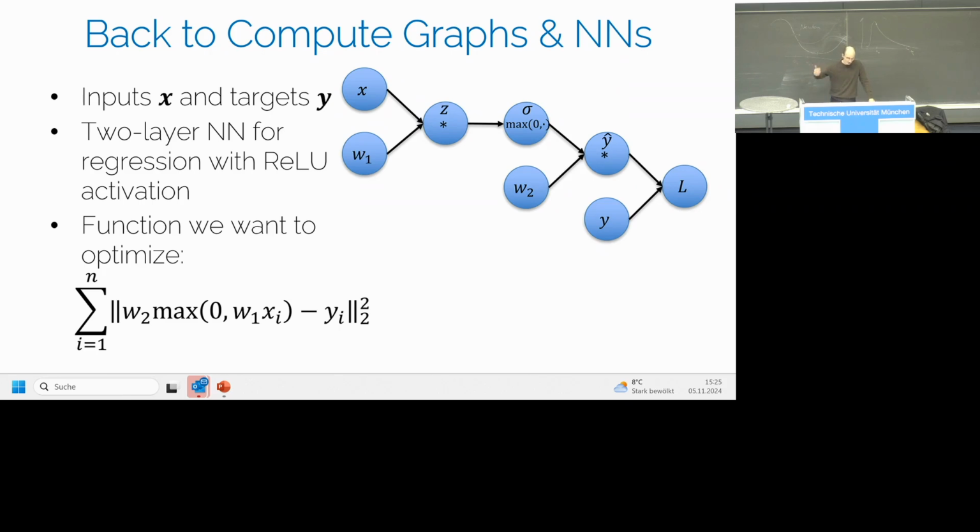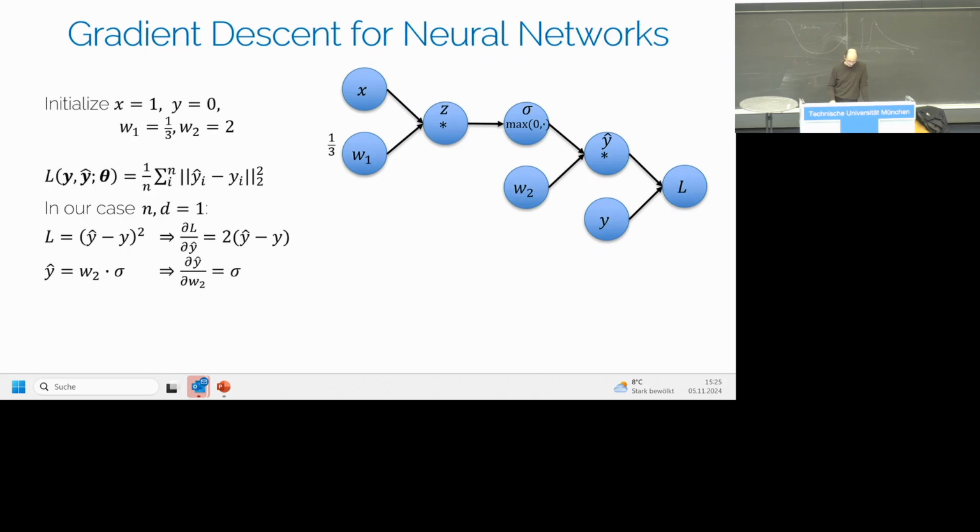So you see, we consider problems of different levels of complexity. We show the compute graph that it corresponds to, and then we can do gradient descent. We initialize with, let's say, 1, 0, and the weights W1 and W2 we initialize with 1/3 and 2. You can choose different ones, it doesn't really matter.